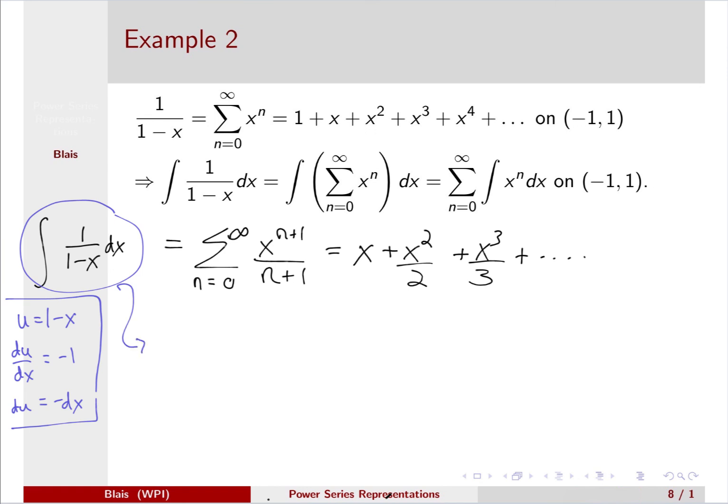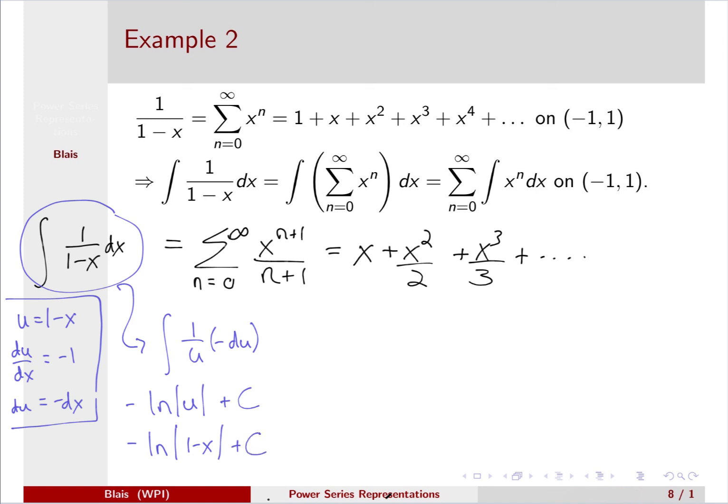So our integral becomes the integral of 1 over u, and our 1 minus x in the denominator is our u. dx we swap out with minus du. That will be the natural log of the absolute value of u, and we still have this minus sign. So the negative natural log of the absolute value of u plus c. Plugging back in for u, negative natural log of 1 minus x plus c.